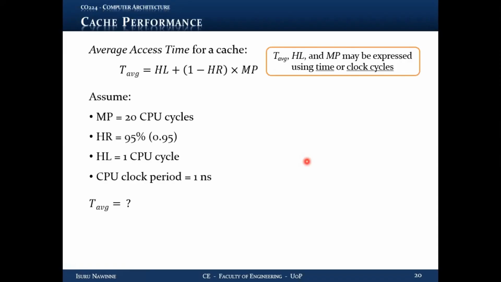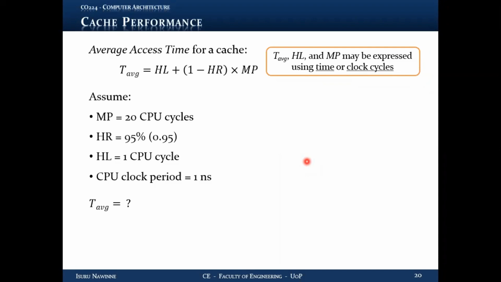Then let's make some assumptions for a certain scenario. Let's assume our miss penalty is 20 CPU cycles. That is, if we have a miss in the cache, we have to go and fetch that missing block from the memory, and fetching the block from the memory takes 20 CPU cycles. Then for the program that we are assuming with the CPU, ISA and all that, the hit rate in this cache is 95%.